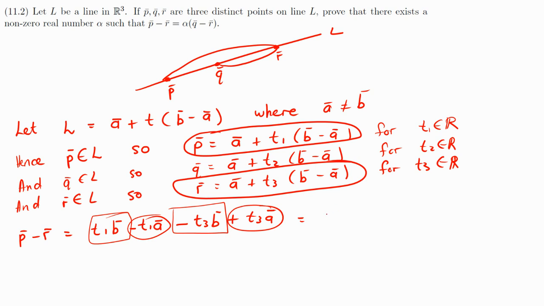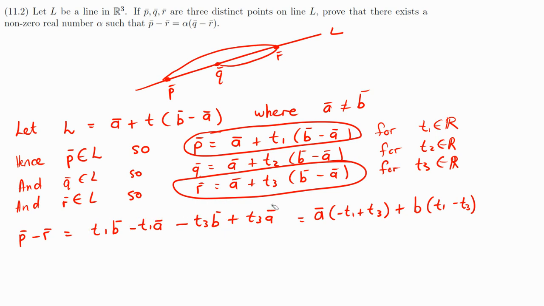So for the A part, we have minus T1 plus T3, plus with the B part, which is T1 minus T3. Okay, so that is what P minus R is. We know this now.